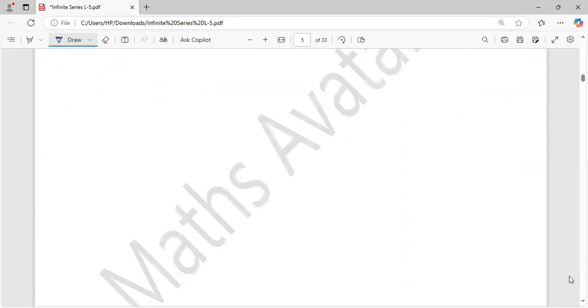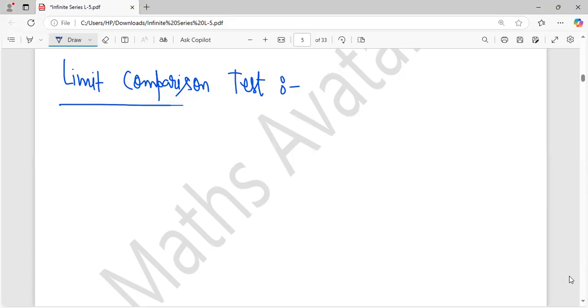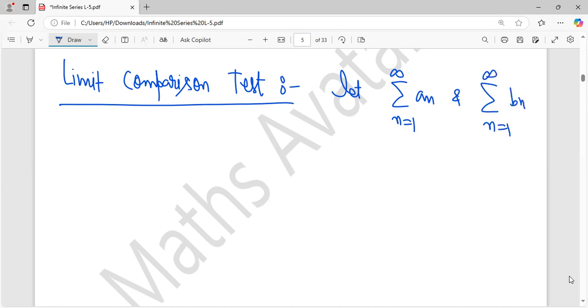Now we come to the proof of the limit comparison test. What is the limit comparison test? We recall it again and give its proof. Test: let summation n goes from 1 to infinity a n and summation n goes from 1 to infinity b n be two positive term series. The terms of both the series are positive.